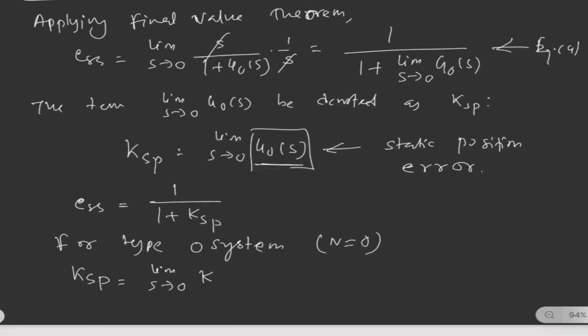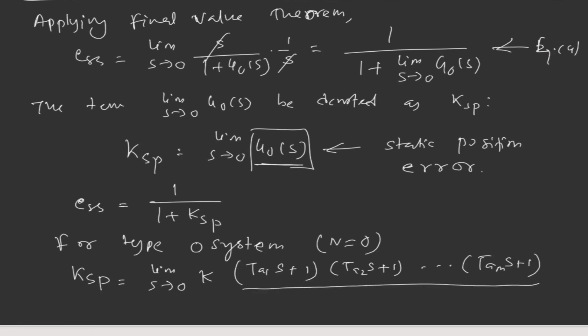So we can write K into (TA1 S plus 1)(TA2 S plus 1) dot dot dot (TAM S plus 1), and in the denominator, since there is no pole at the origin, (TB1 S plus 1)(TB2 S plus 1) dot dot dot (TBN S plus 1).